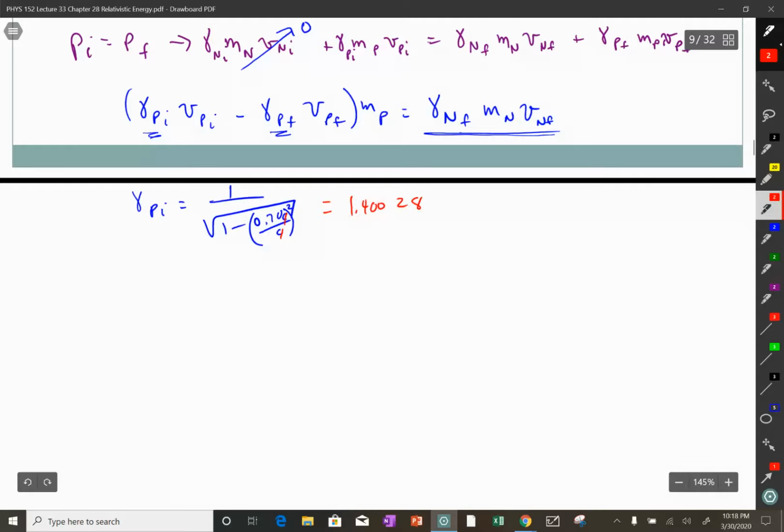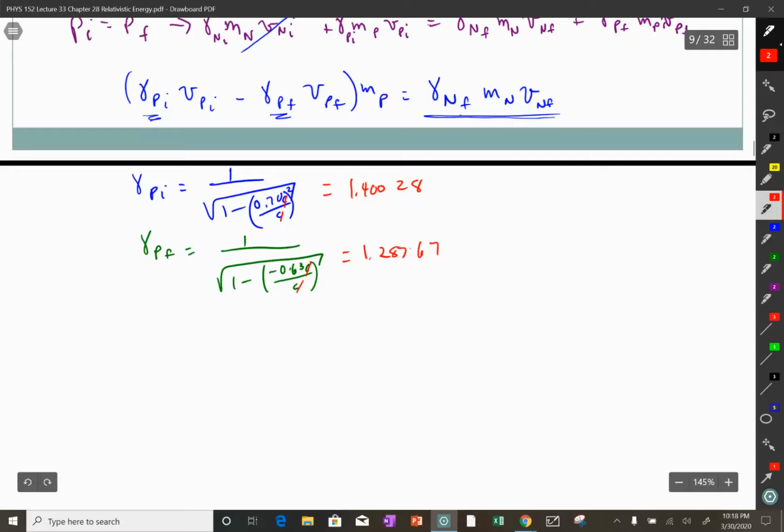If I do the same thing for gamma for the proton final, 1 over the square root of 1 minus 0.63 C over C, again those C's cancel, and that's equal to 1.2877. Well, let's keep the same number of digits I did before, 1.2867.